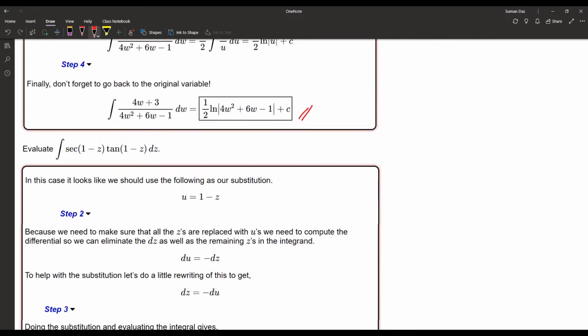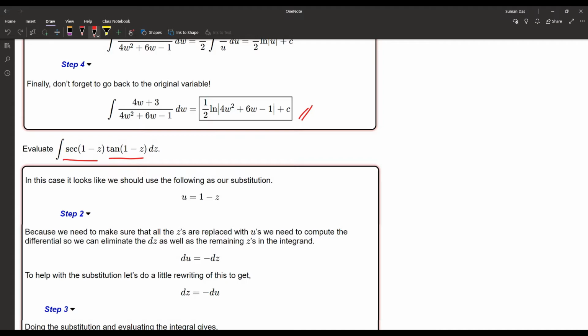Now what about the problems we have already done based on the substitution of integration? Those are all based on algebraic equations. Now suppose some functions have been given that are based on trigonometric things. So here that is sec(1 - z) into tan(1 - z) dz.